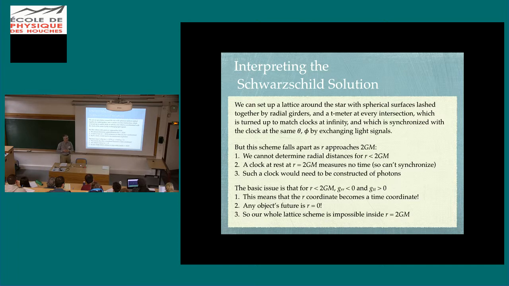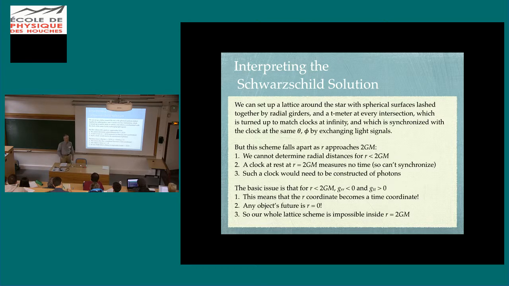But I want to say that there are different ways to synchronize clocks. A completely different way of doing this, which would lead to a different synchronization and thus not the Schwarzschild metric, would be to take the clock and drop it from infinity, and then everybody sets their clock as the dropping clock passes by.